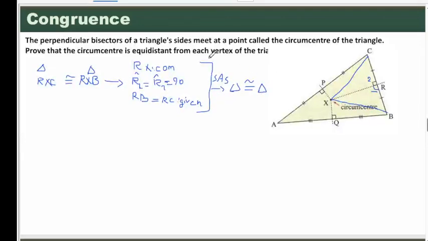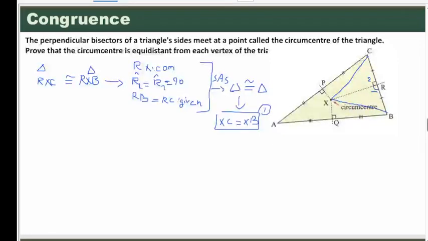So these two triangles are congruent, so XC equals XB. I get this result, XC equals XB. It's step 1. I write it as step 1.